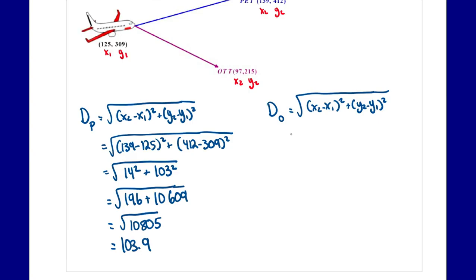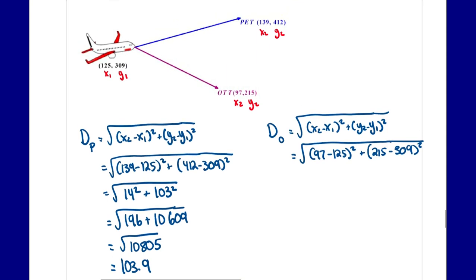For Ottawa, again, doing the same calculation, just with different values. So x2 now is 97 minus 125 squared plus 215 minus 309 squared. Again, you might think that doesn't quite make sense in terms of where the plane is located.